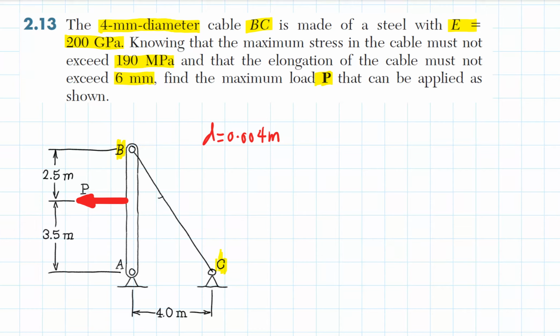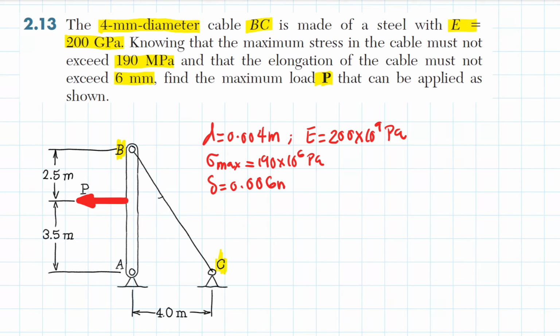That's the diameter for cable BC, made of steel, knowing that the maximum normal stress and the elongation of the cable must not exceed the given values. We want to find the maximum load P in here.